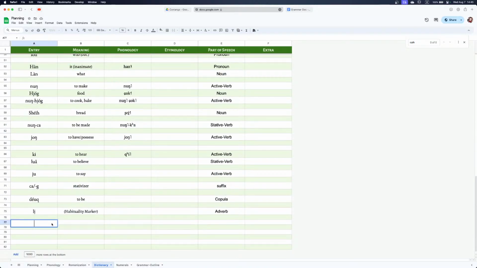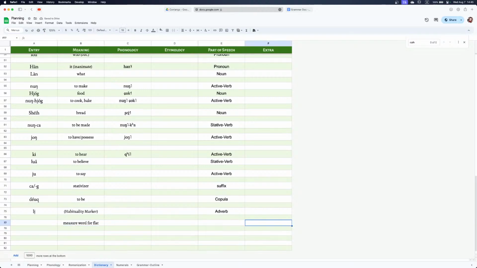So in this culture, what type of bread would they make? They're nomadic people. And I think they would make a flat bread. So it could be something, a measure word for flat objects.